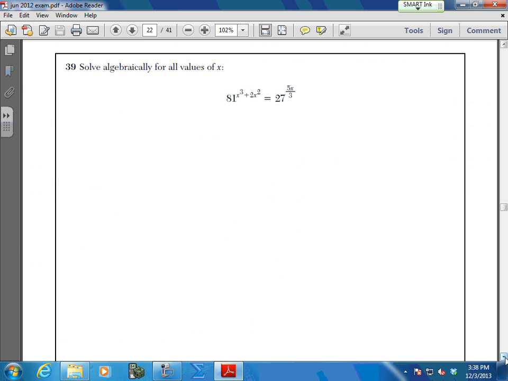In this last problem, we have a nice exponential equation, but before we can set the exponents equal to each other, we have to have these in the same base. So we notice that they don't drop down to base 9, but they do drop down to base 3.